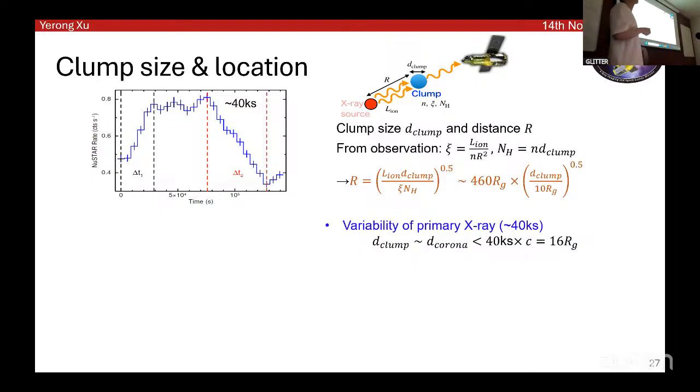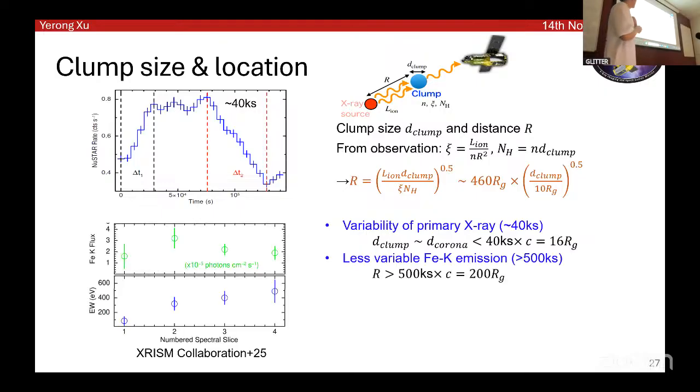If we assume it originates from the corona variation, we could use this to estimate the size of the hot corona. And since we observed the UFO absorption could absorb over 50% of photons in the hard X-ray bands, that means their size should be comparable with the hot corona. So we could use this to set up the upper limit for the clump size.